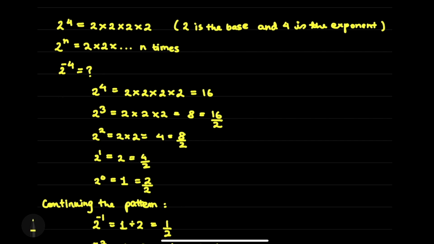Then again, 2 to the power 2 comes out to be 4, and that again can be expressed as 8 by 2. And then moving on, we have 2 to the power 1, that is 2 or 4 by 2, 2 to the power 0, which is 1 or 2 by 2.